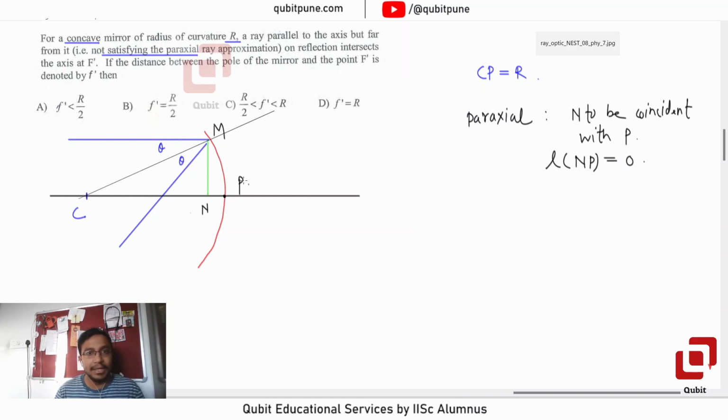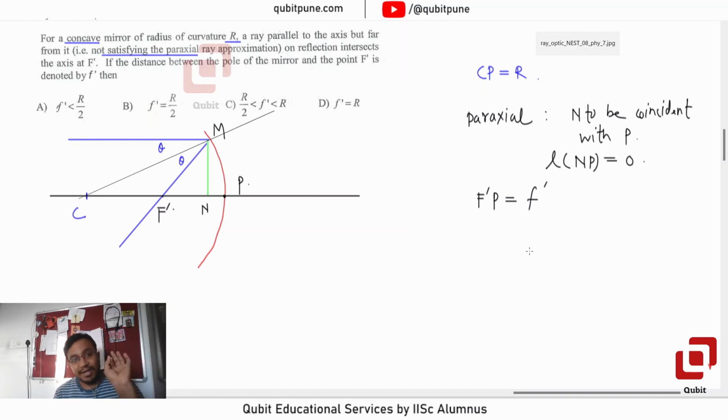And then they are saying that after reflection it intersects the axis at f dash. So this is f dash. They are saying the distance between the pole of the mirror and the point f dash is denoted by small f dash. So f dash p is f dash.